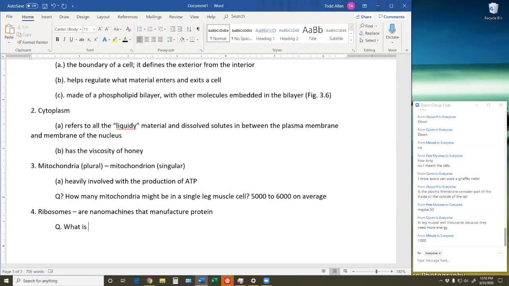What is the process of making protein called? What is the technical name that scientists have given to this process?